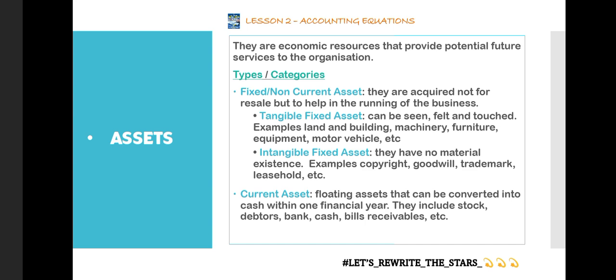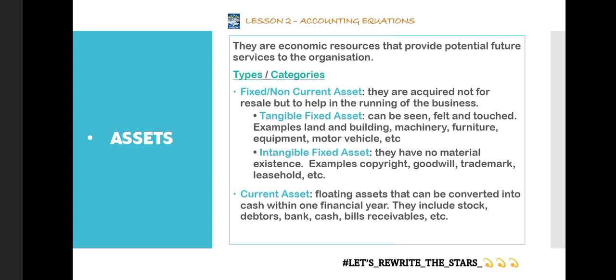And we have bank. The check can be converted into cash within a financial year. So any transaction that has bank in it is referred to as a current asset. Cash itself is what we need, so cash itself is our current asset. The monies or the cash within the organization is referred to as a current asset.